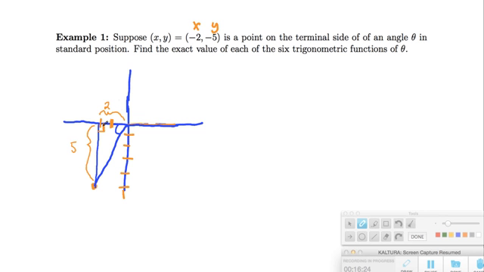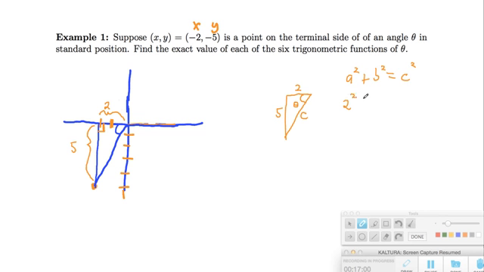If we're going to find the 6 trigonometric functions of theta, we do need to have the hypotenuse as well. So here, if I just extrapolate that triangle for a moment, this is our angle theta right here. We got a side length of 2 and a side length of 5, and what we're really missing here is the hypotenuse, right? So a squared plus b squared equals c squared.